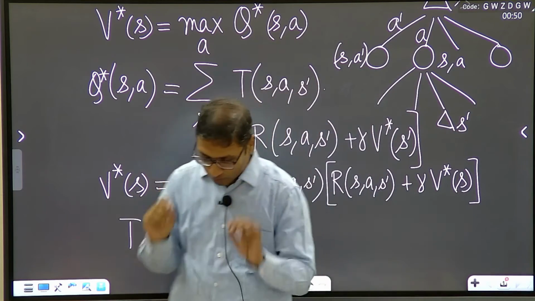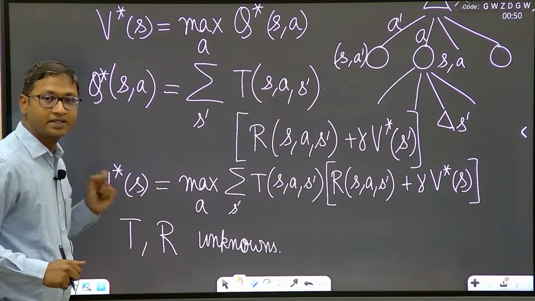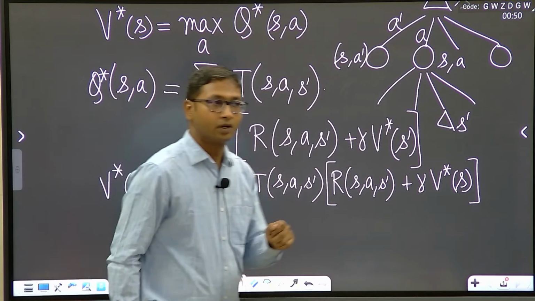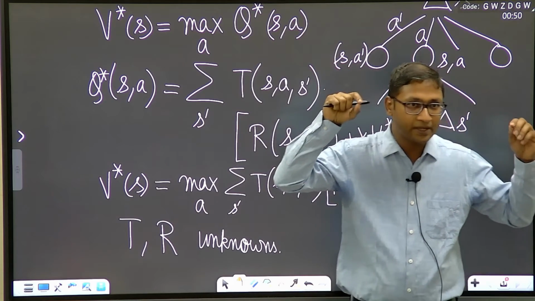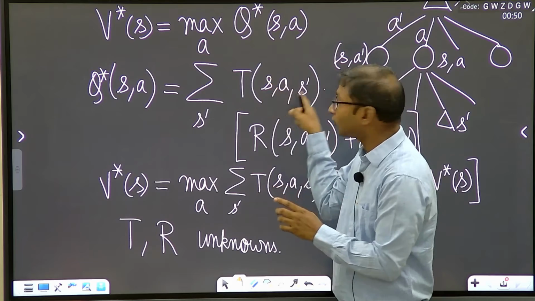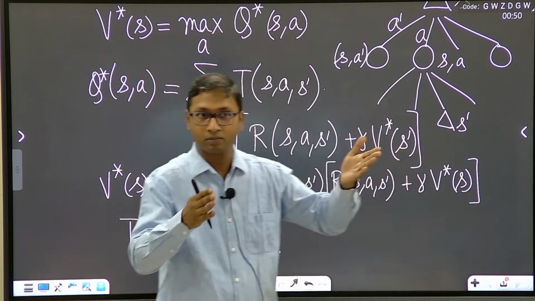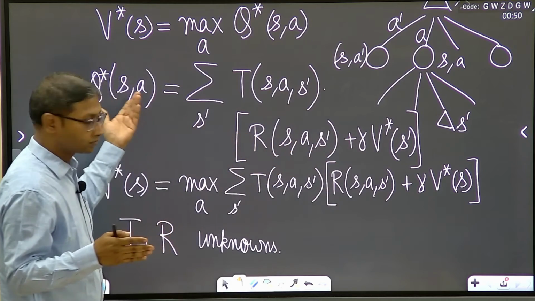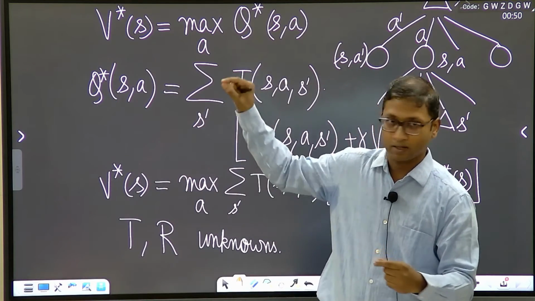Okay, so right now all I care about is T and R are unknown. What is T? Transition probability, that when you start from S, you end up being S prime when you take action A. So it's a function of all these three things. So it's a function from S cross A cross S to R, right?